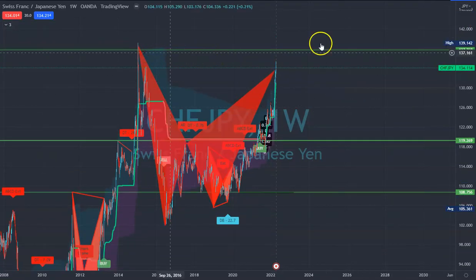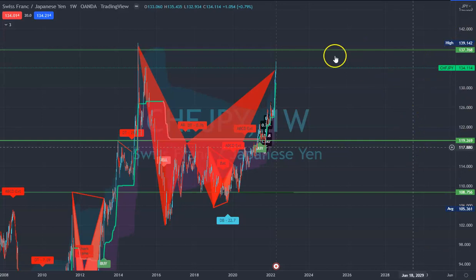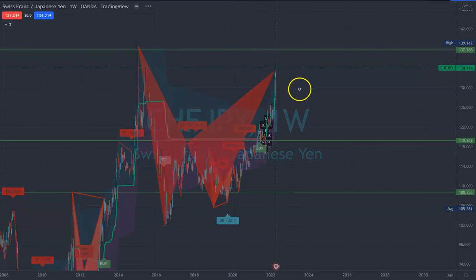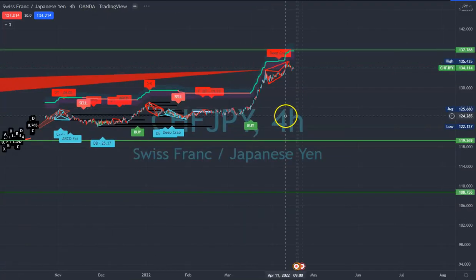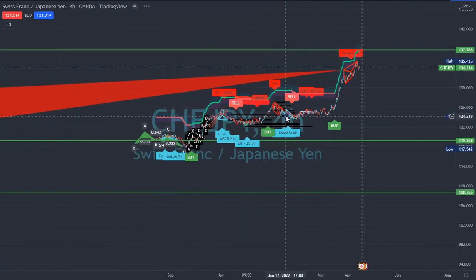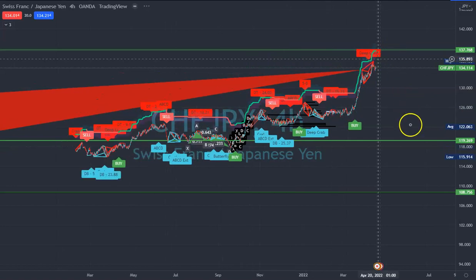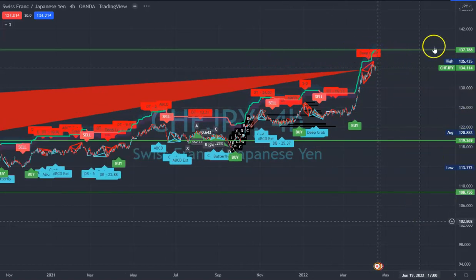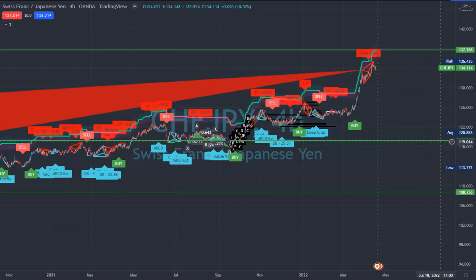So here, expect this to top. It'll be resistance, confluence, right? And for the drop. Hit that, you know, stay around for a while, drop down.